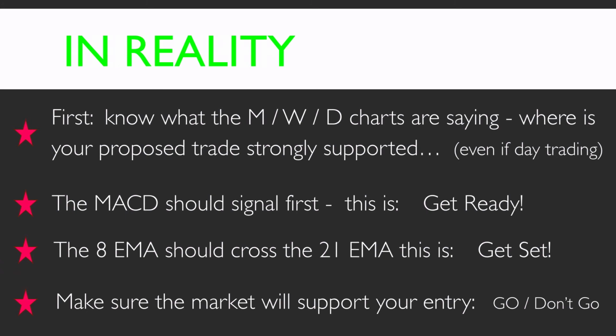I might really rethink everything. You know, am I just looking really strong right now? What would it take to make this not look so good? Okay, because if the market continues against me, chances are it's going to impact my profitability. So make sure that the market's going to support your entry, and that's when you decide go or don't go.